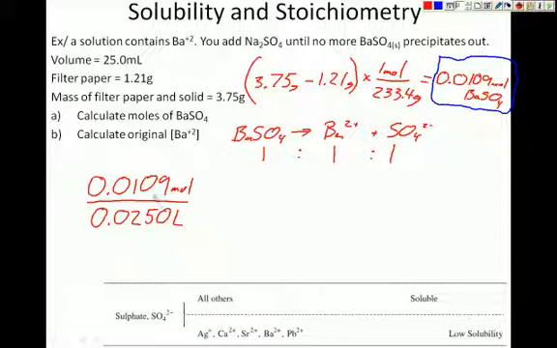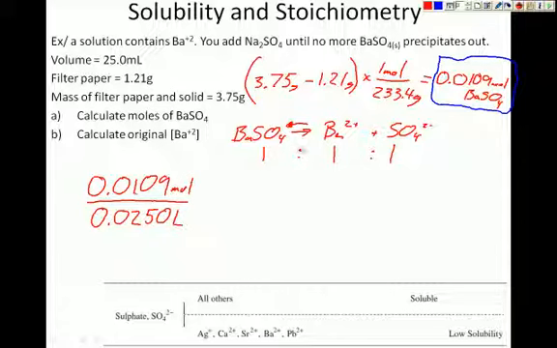So if there was 0.0109 moles of barium sulfate before this dissolved into Ba2+, there would also be this many moles of barium in there.